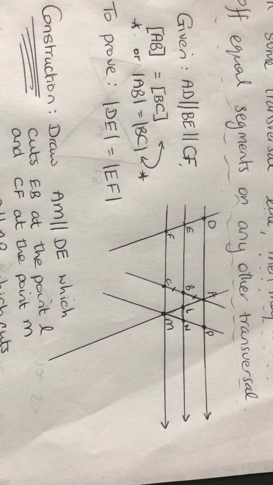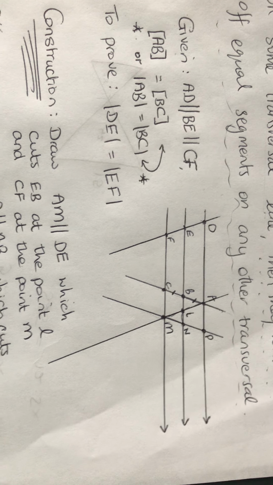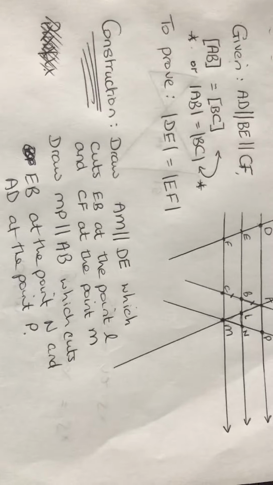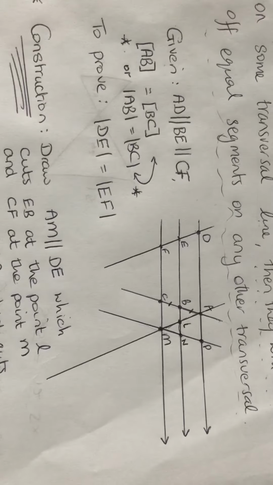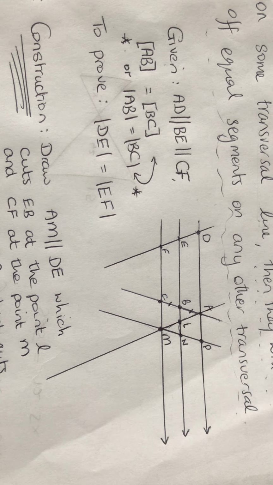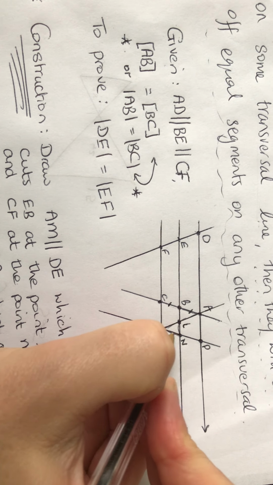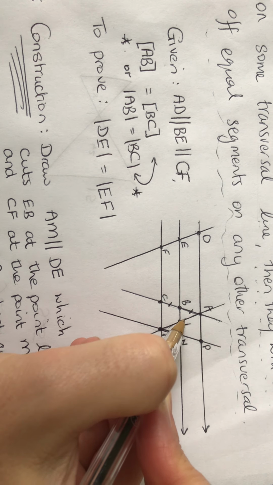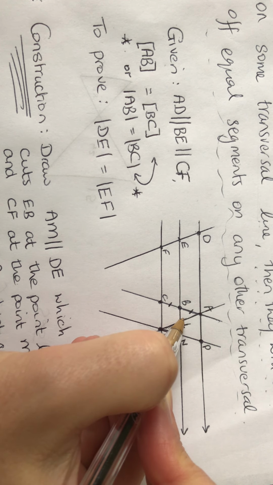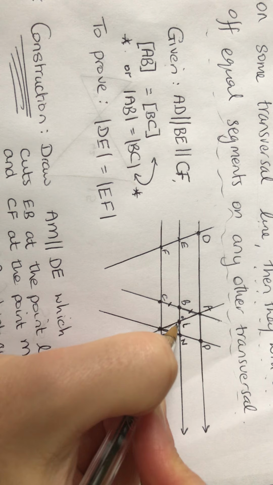So I'm going to use congruent triangles in this situation, and see if I can prove that some of these triangles are congruent. So let's go with our proof. Right, so what do I know? I certainly know that that angle there is the same as that angle there.